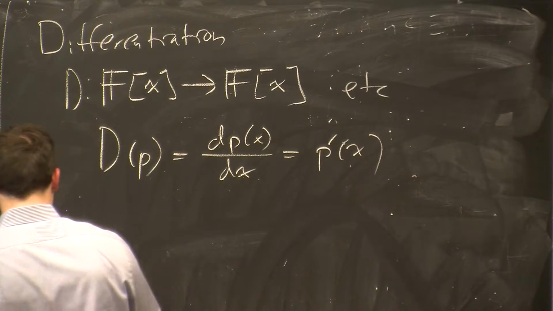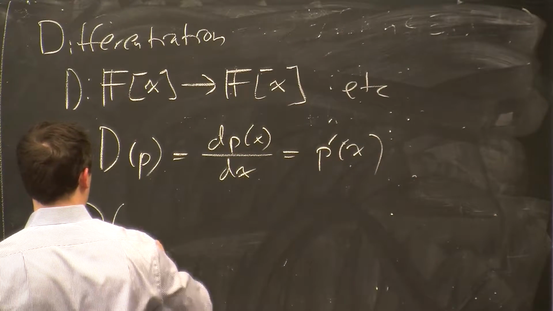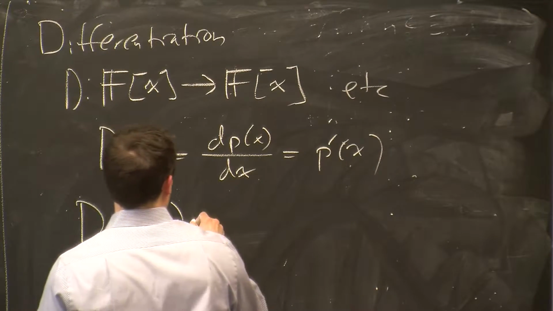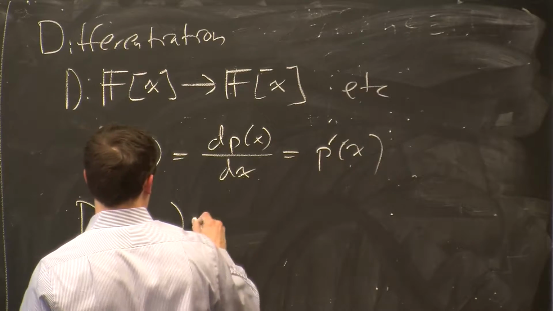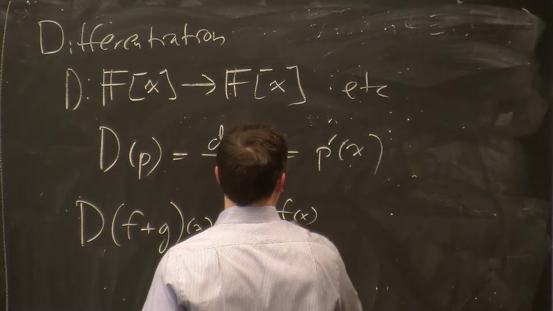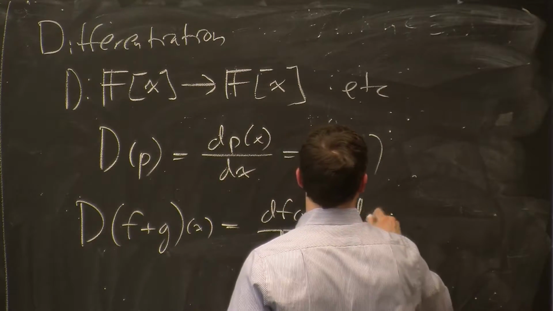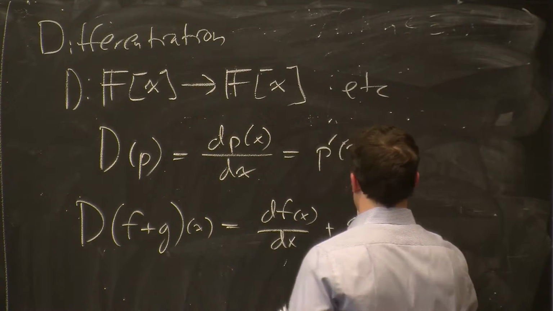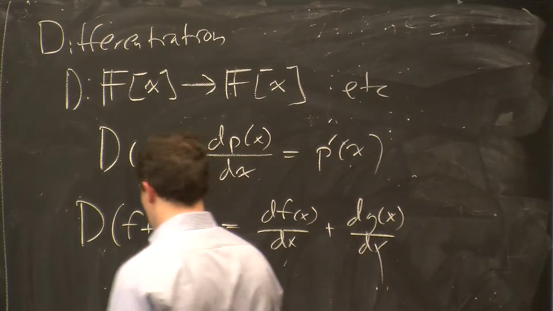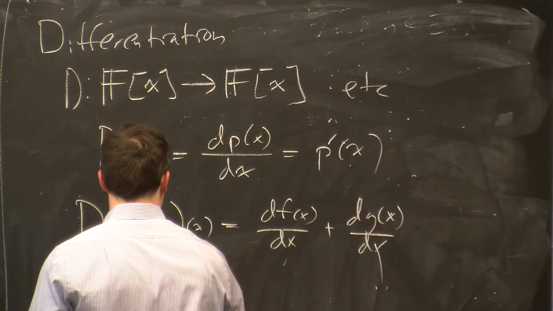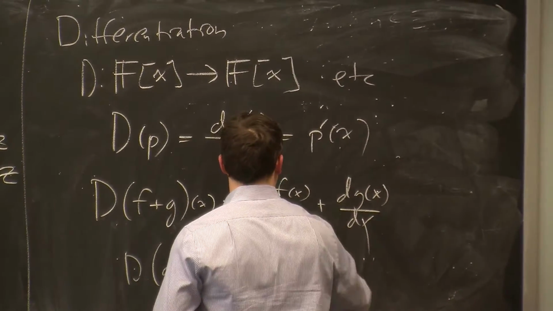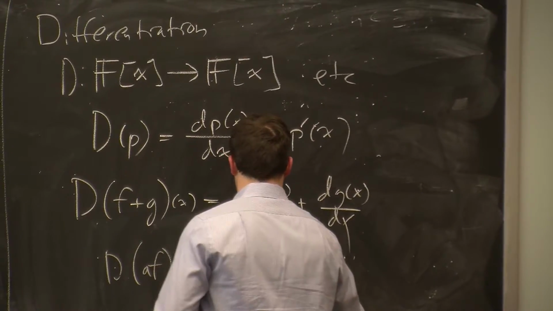To say that it's linear is to say that d of f plus g of x is equal to df of x dx plus dg of x dx. You remember that fact from calculus. And similarly, d of a f of x is a df of x dx.